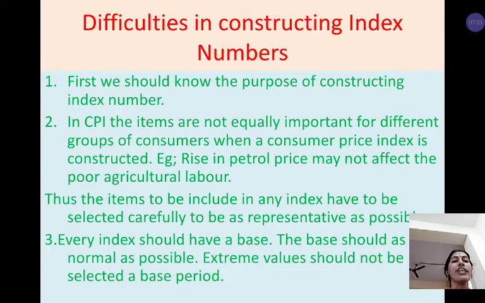Though while constructing index numbers, we should consider some essential points. We should be cautious or alert. If you miss these points while constructing the index number, what will happen? It will give wrong information or value to the user, be it companies or the government. So what are the difficulties in constructing index number? Let me see.